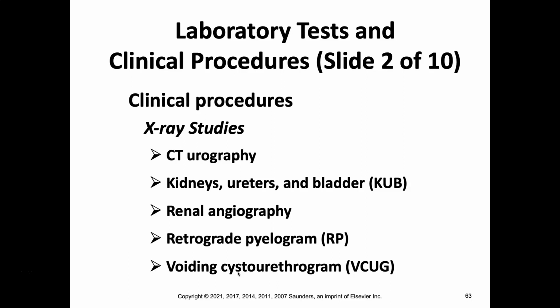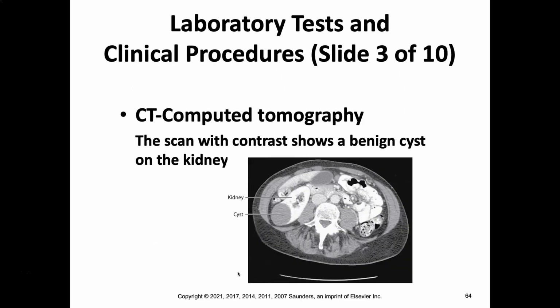There are plenty of radiology studies or diagnostic imaging that can be done on the urinary system. Everything from CTs, MRIs, with and without contrast, angiography, pyelograms, cystourethograms. I have heard of KUB as an X-ray or a CT. It's amazing what you can find with these tests now, how sensitive they are and the detail they can give.